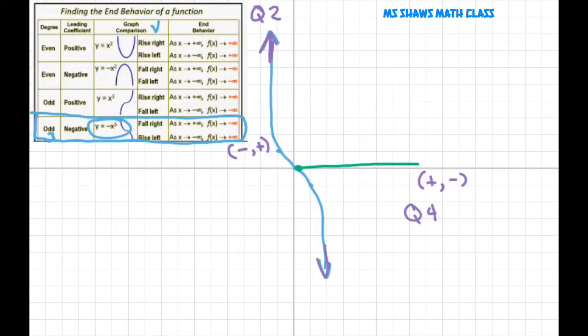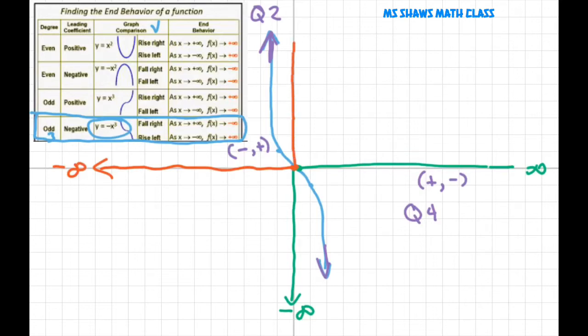As x gets larger and larger from 0, my y portion is getting smaller. Similarly, as my x values are getting smaller and smaller from 0, my y values are getting larger. So that gives you the quadrants that you're going to start in.